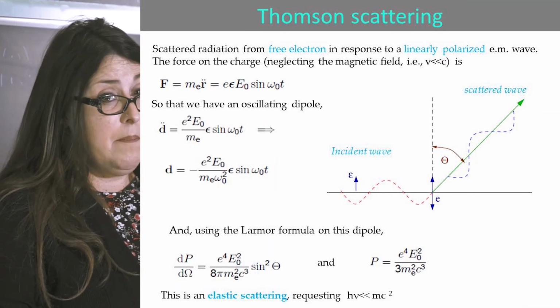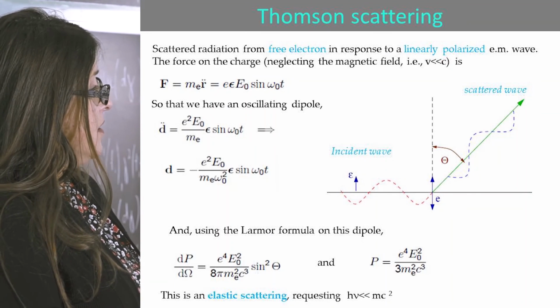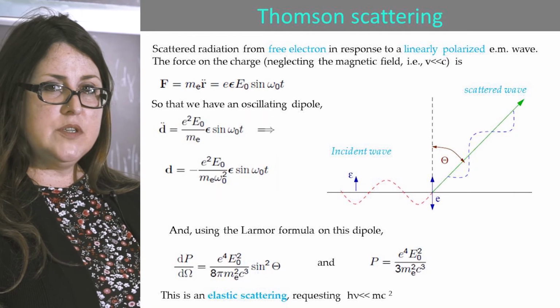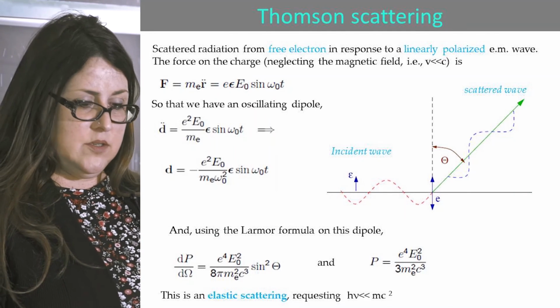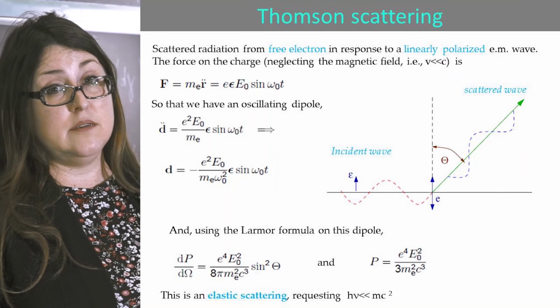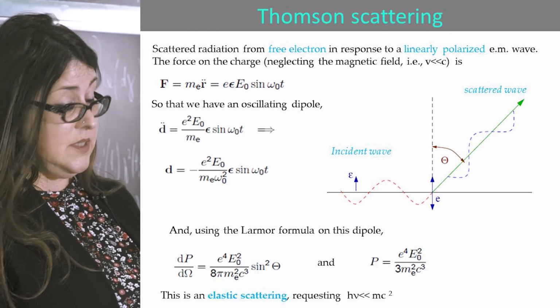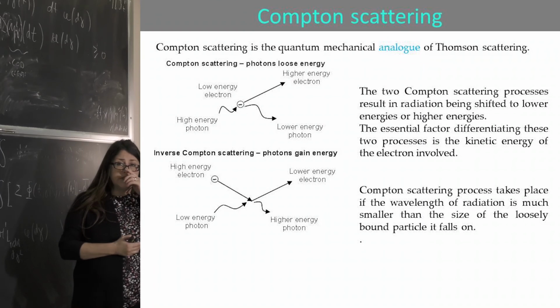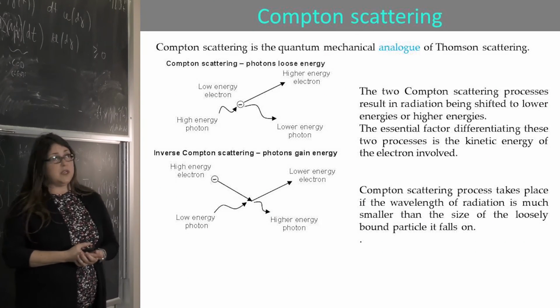This can only happen when the energy of the incoming photon is negligible with respect to the rest energy of the scatterer, which is the electron in this case. Okay? But in cosmology, in astrophysics, the Thomson scattering is not the most typical situation.